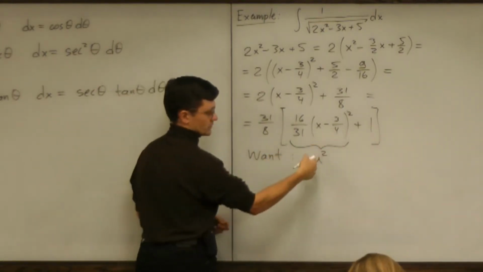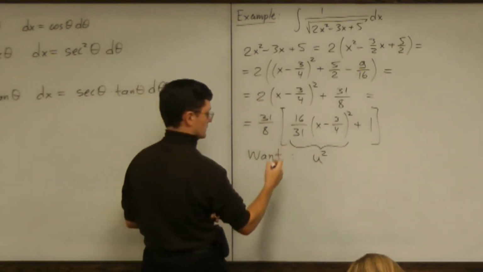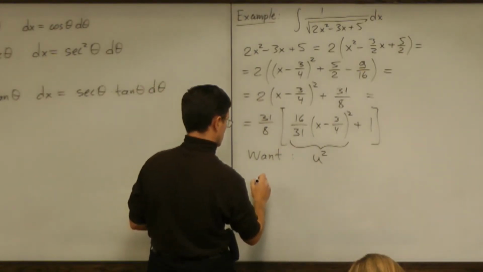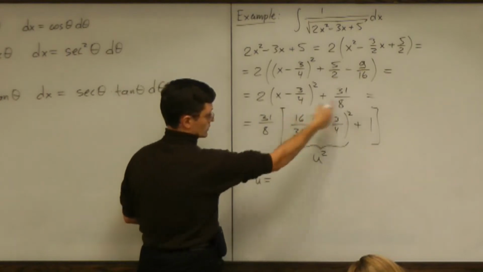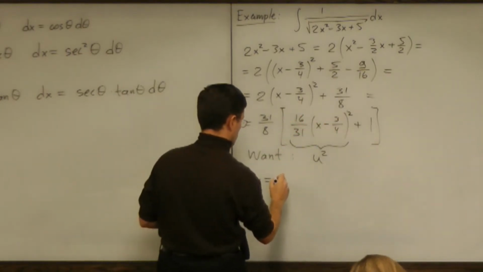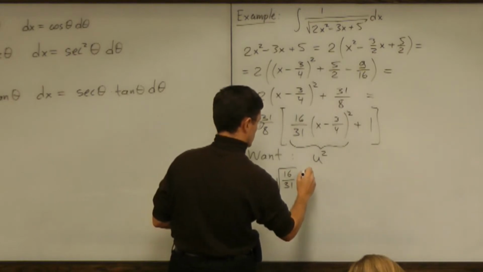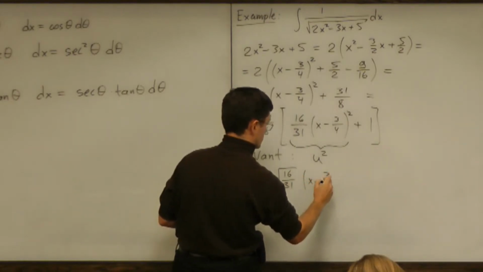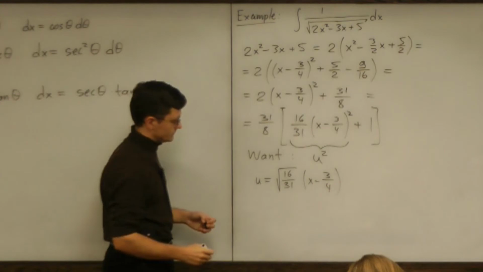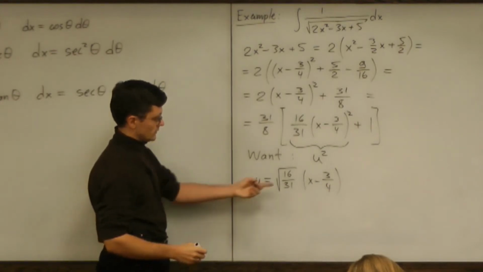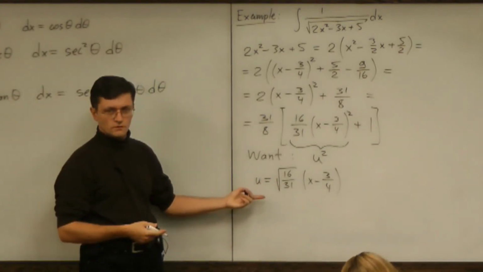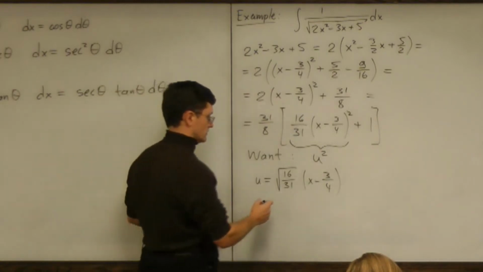I want to see 1 plus u squared. And that means that u is the square root of all that. So square root of 16 over 31 times x minus 3/4. And then I can solve for x if I want.